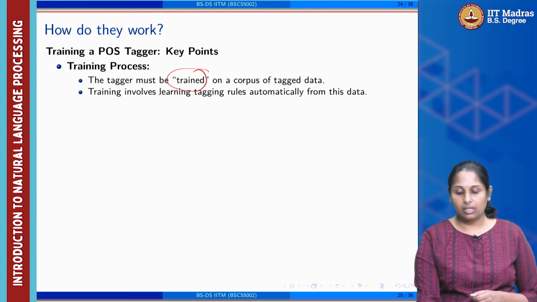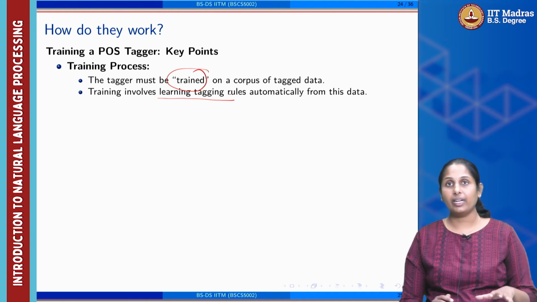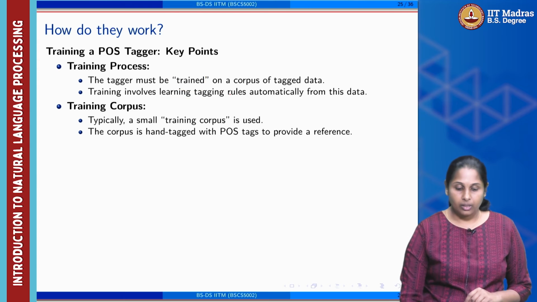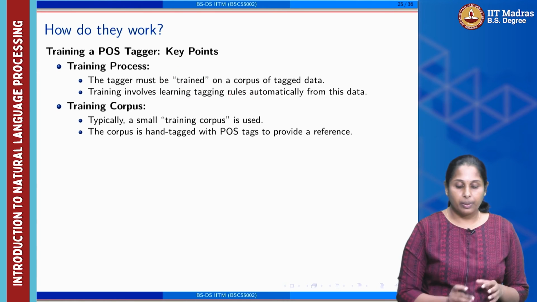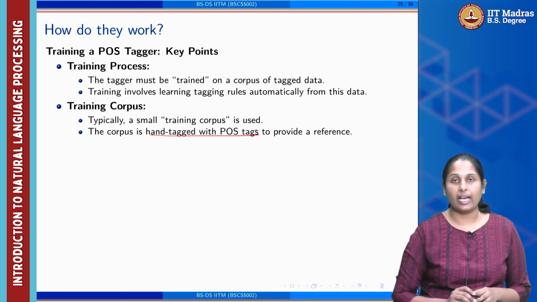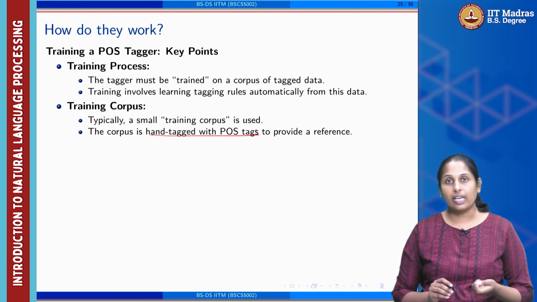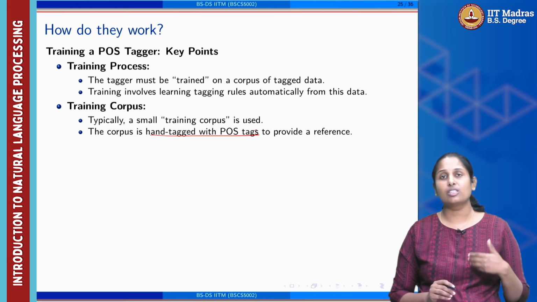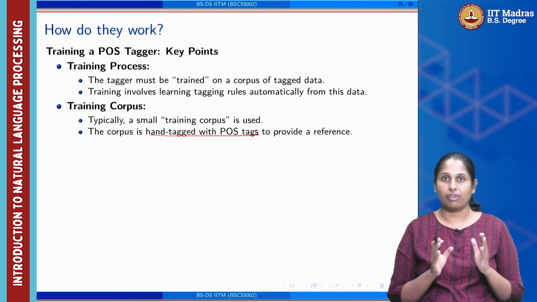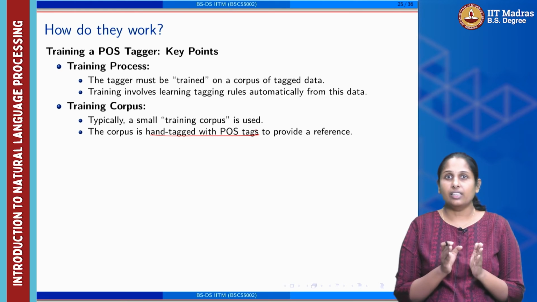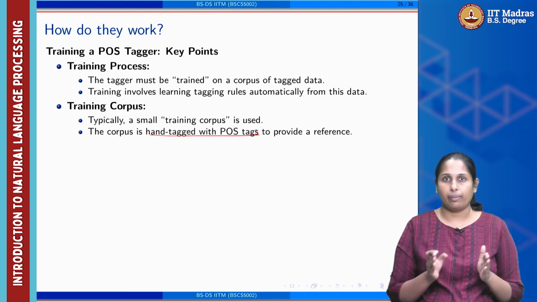Training involves learning tagging rules automatically from the data. The training corpus can be small or big, but it is hand tagged with POS tags, so that the machine takes it as a reference and learns the probability of a particular word and its neighboring words.